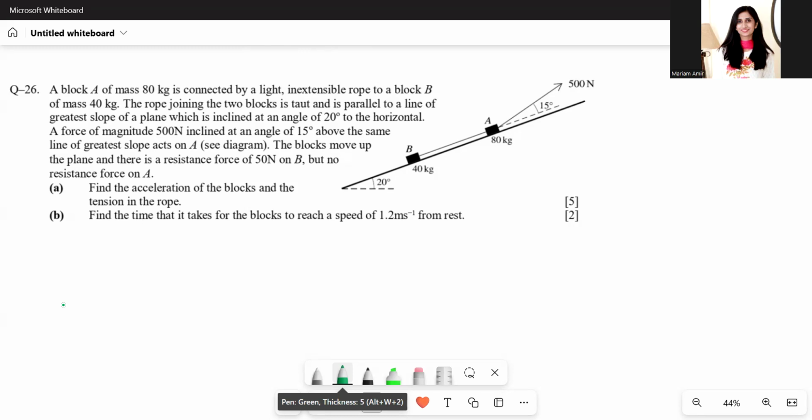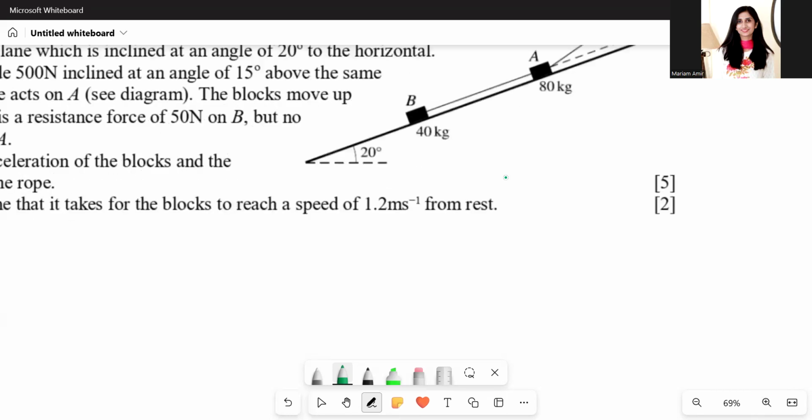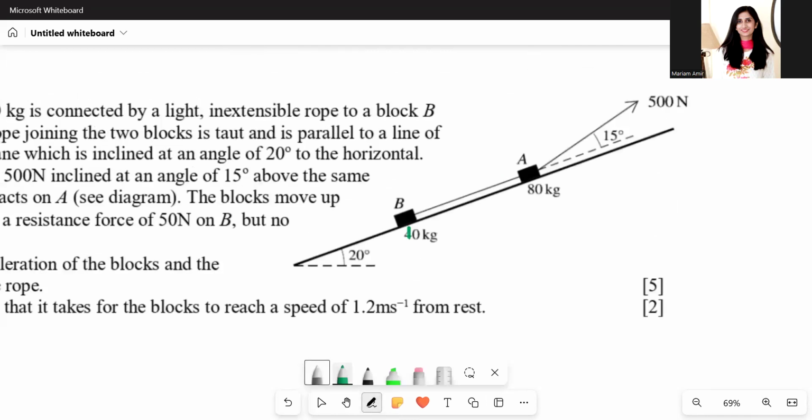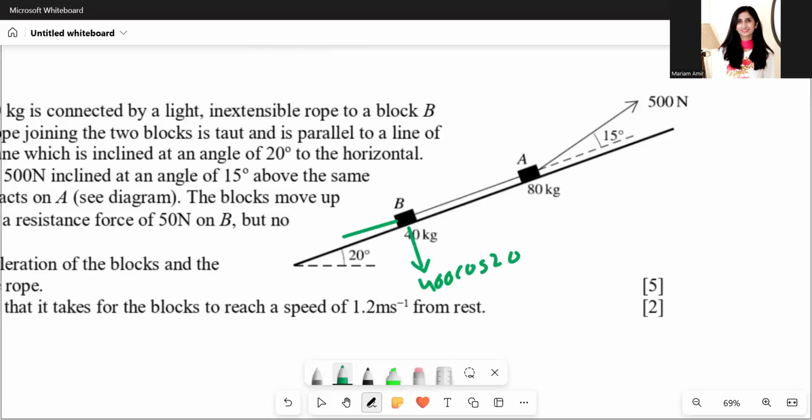Okay. So first I'm going to resolve the weights. So there's going to be 400 cos 20 here and 400 sine 20 here. There's going to be tension here, tension here.